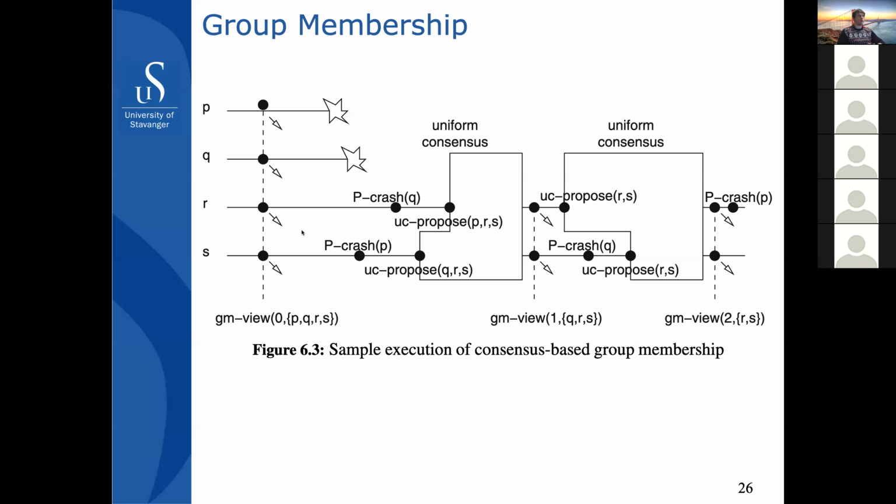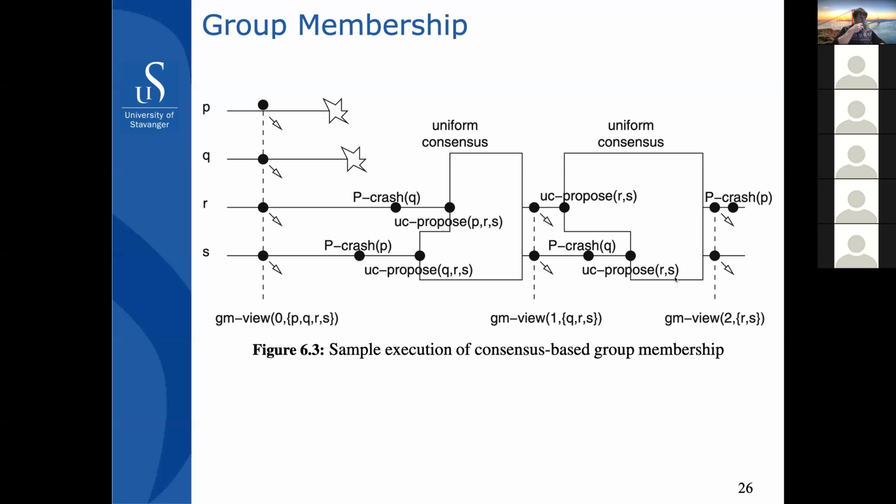It was only detected through the consensus instance. So these two crash events here are not necessary for the view to be consistent.